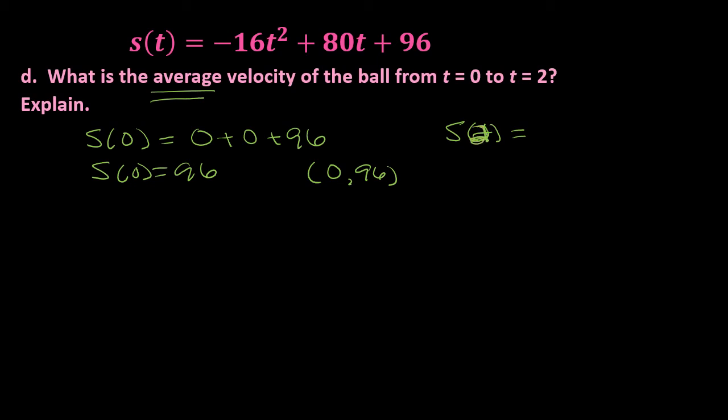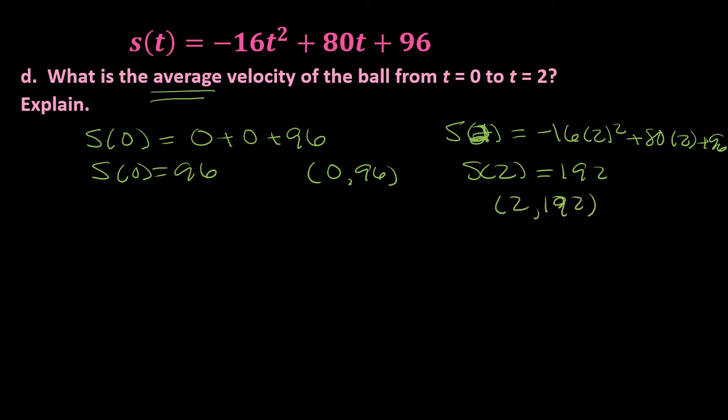So if I do negative 16 times 2 squared plus 80 times 2 plus 96, that problem is calculator worthy in my world, so give me a second. Negative 16 times 4 plus 160 plus 96. I get 192, so s of 2 is 192, which means you have the point (2, 192) on your graph.